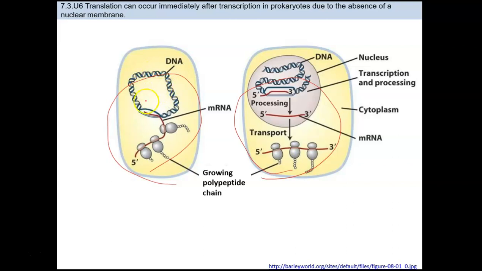This is a prokaryote because the DNA is circular, and this is a eukaryote because the DNA is not circular. That's one thing. Second thing, you don't see any nuclear membrane here, but you see a nuclear membrane there.